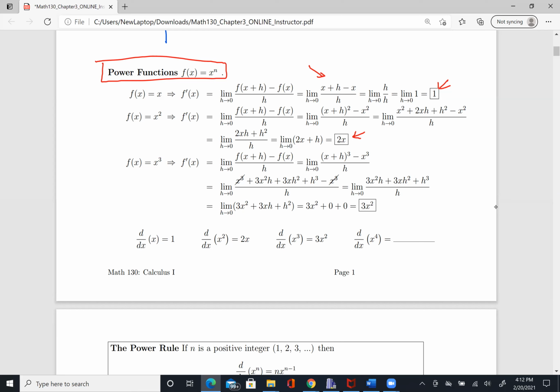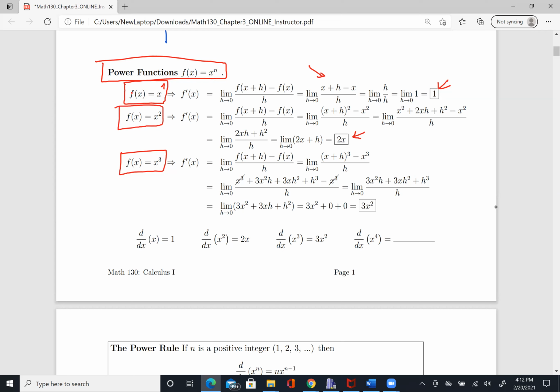Let's have the case of x to the power 3. Remember that the first one was x to the power 1, and it gave me only 1. The second one was x to the power 2, and now it comes to x to the power 3.